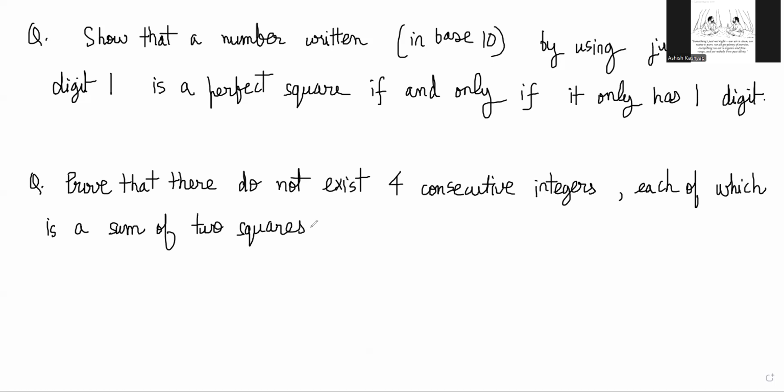Okay. Prove that there cannot be four integers like this, four consecutive integers, each of which is a sum of two squares.